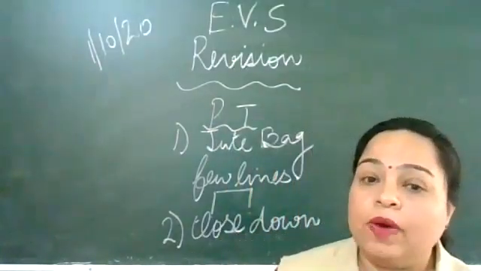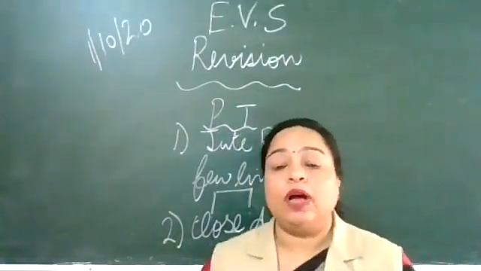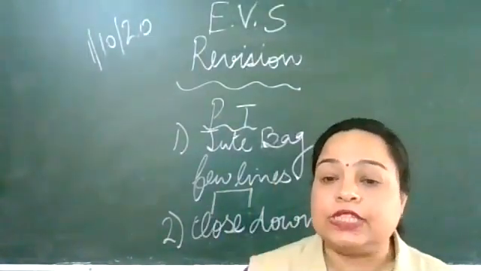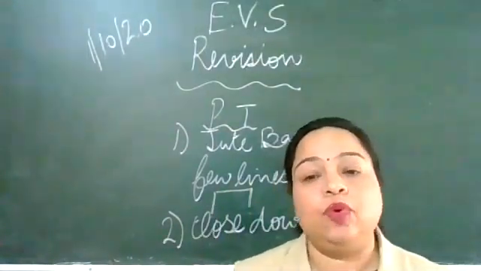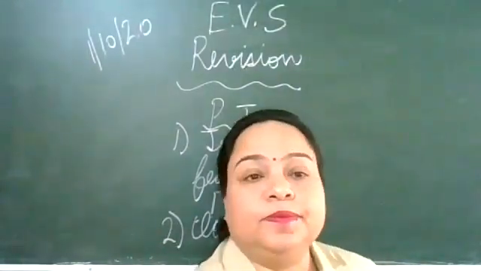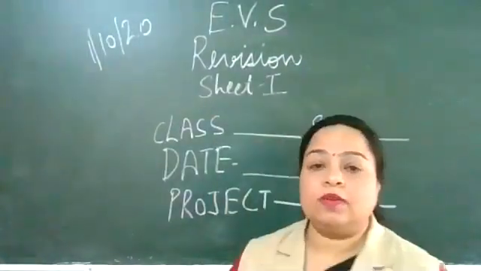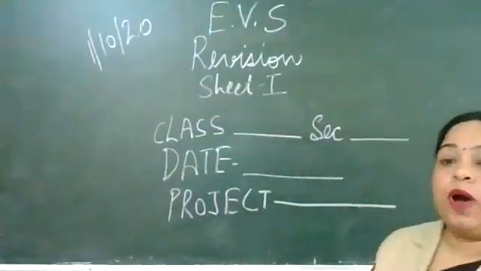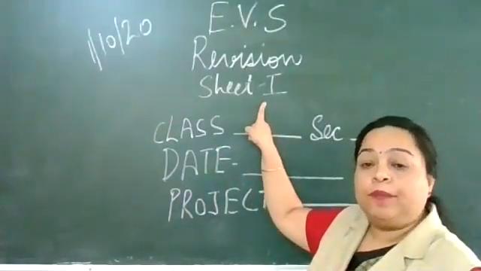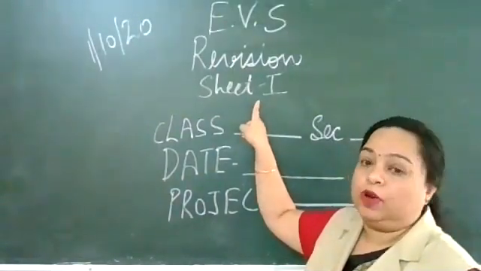Now, in this periodic test 1 project, I will tell you what the cover page, or the first sheet, you have to write and what details you have to give. So children, now see here, this is sheet 1. This is sheet 1 for both the periodic test as well as the term 1 project.